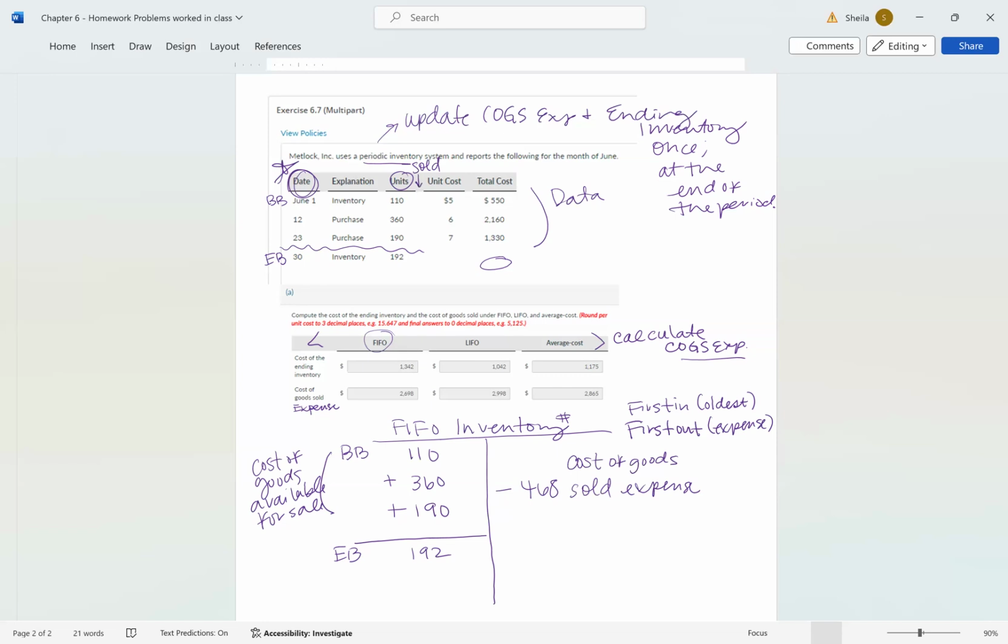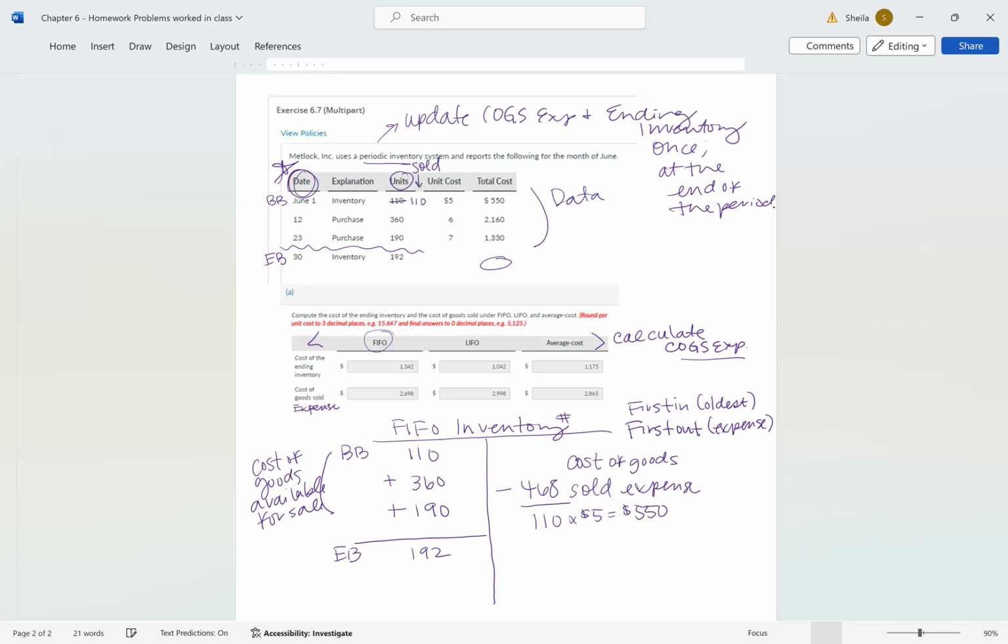First in, first out says take the oldest first. So of the 468 that I sold, 110 is going to come out of my first bucket, if you will. So I'm going to cost out 110 units at $5 each. And I already know that total cost, $550. It's given to me right up here.